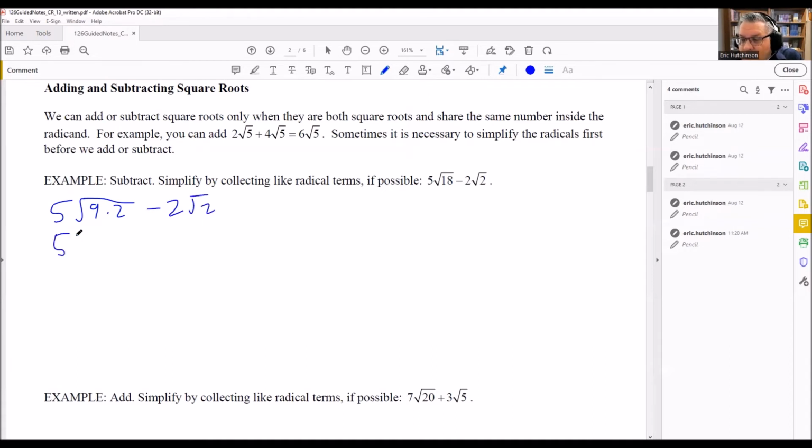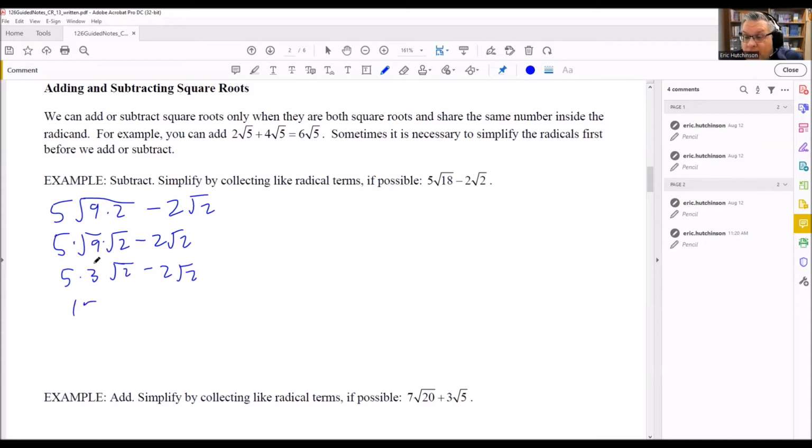And then the next step, I'm going to use the product property. The product property says that we can take a square root and break it up into two different things multiplied together. The square root of 9 is going to turn into a 3. So again, that's the idea there. You're trying to find a number for which you can take the square root, and then it's no longer underneath the original square root. It comes on the outside.